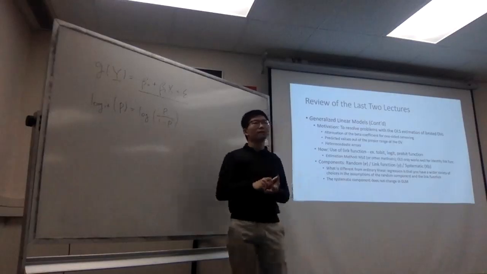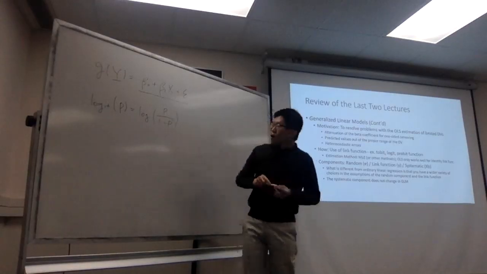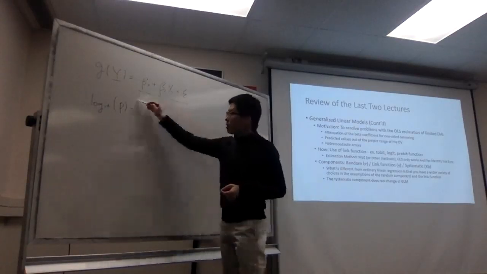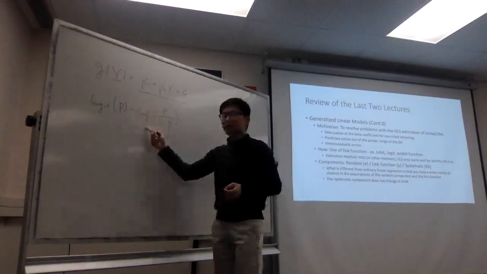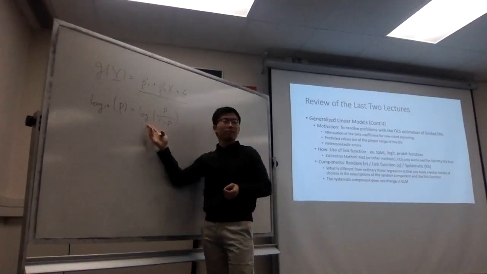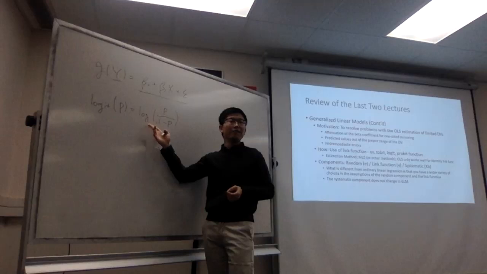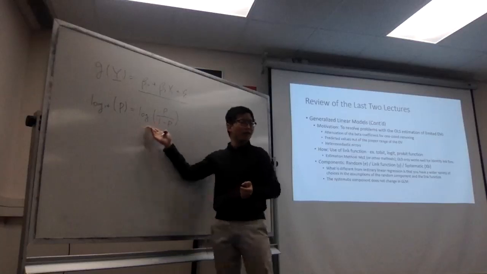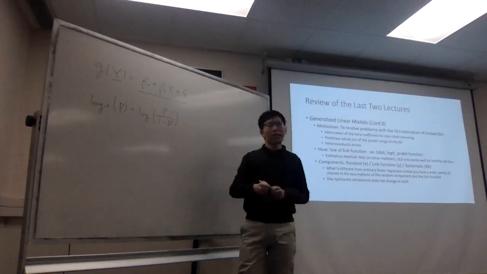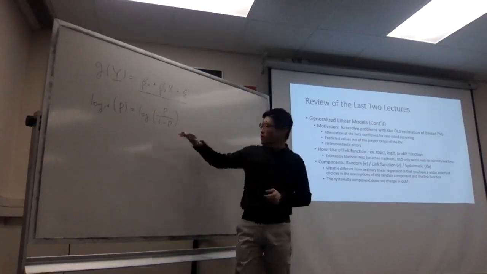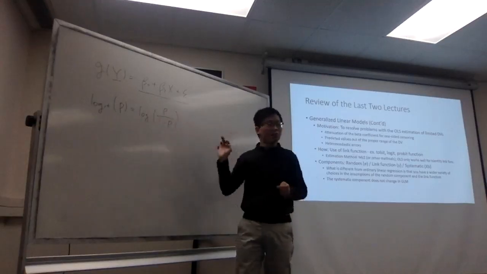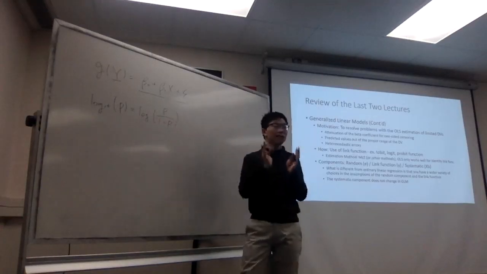Does that make sense? And then this log part makes it have unlimited bound. So even though p divided by 1 minus p would always be positive, right?